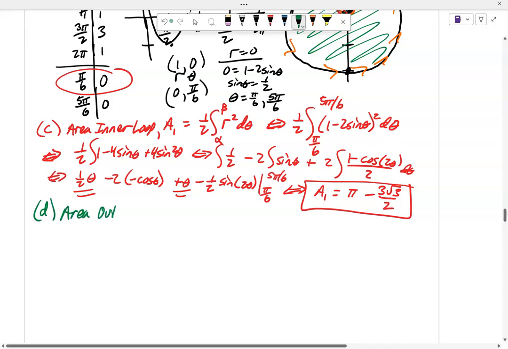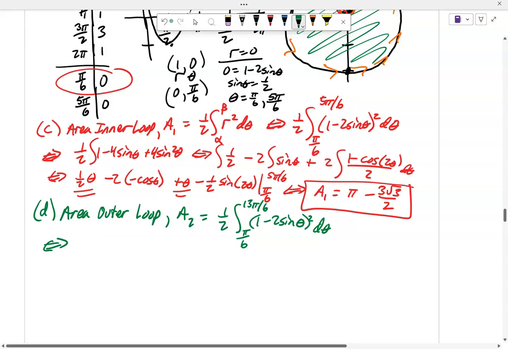So area of the outer loop, call it A2, is 1/2 integral from pi/6 to 13pi/6 of (1 - 2 sin θ) squared dθ.